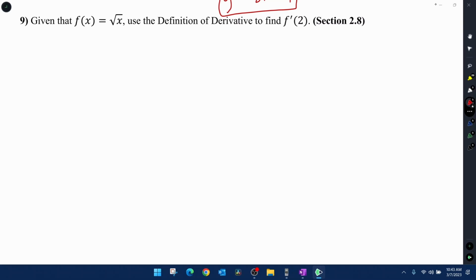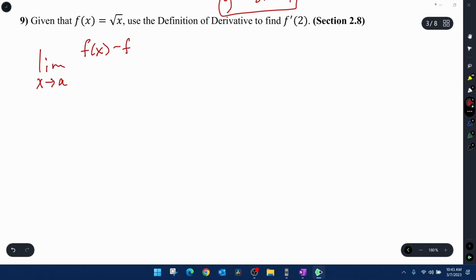Next, given the function f of x equals the square root of x, notice it does say use the definition of derivative to find f prime of 2. So the definition of derivative in this case would be the limit as x approaches a, f of x minus f of a over x minus a. That is the definition of derivative to find a function value here. What is my a?